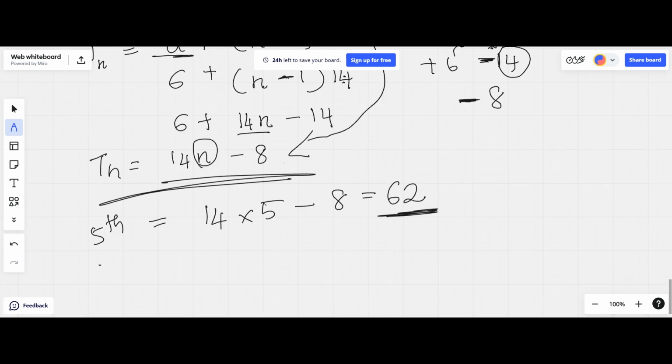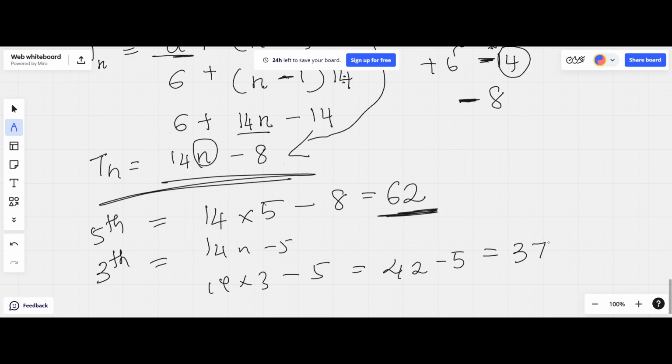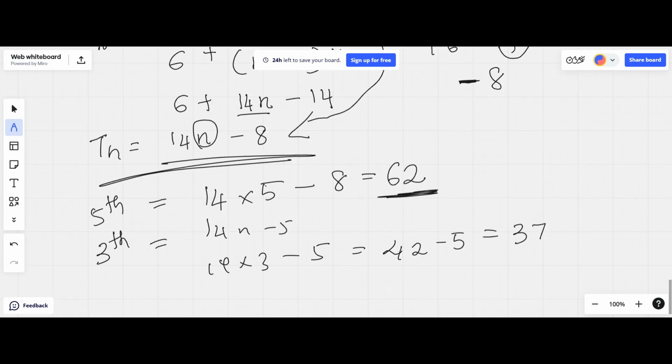Okay, let's say you are going to find the third term. So 14n minus 5. So 14 into 3 minus 5. So 14 into 3 would be 42.